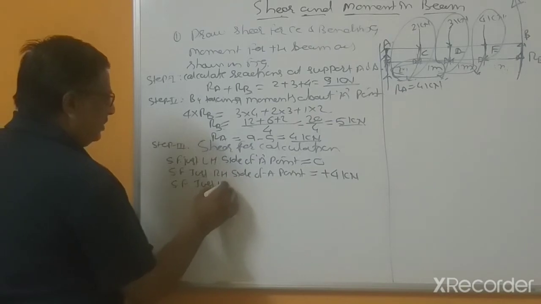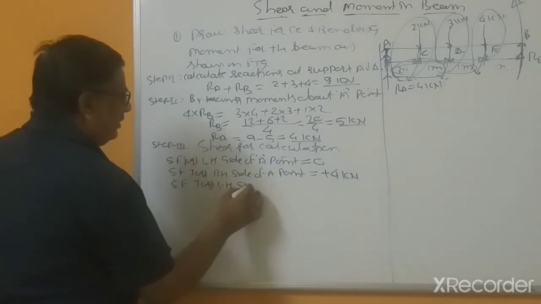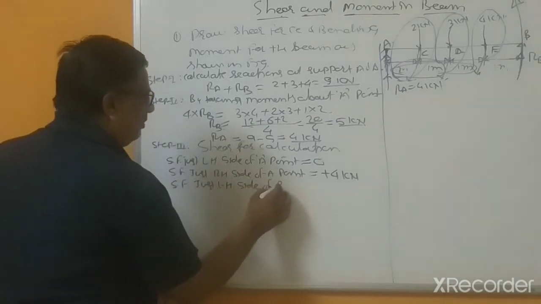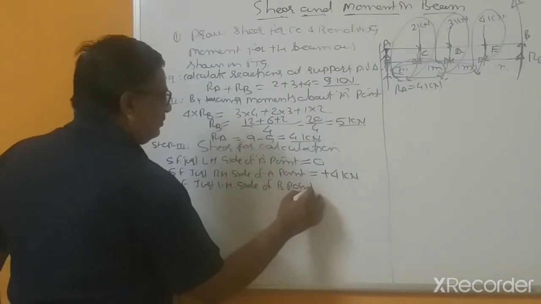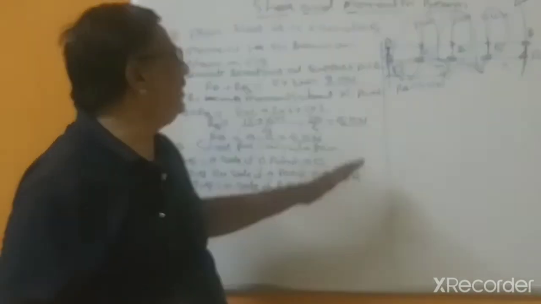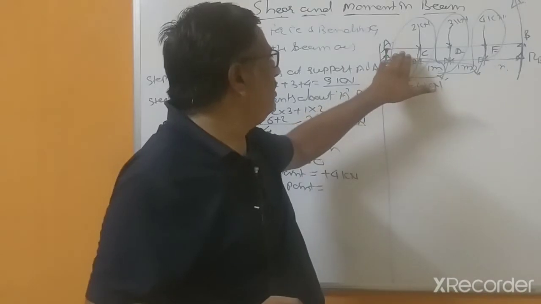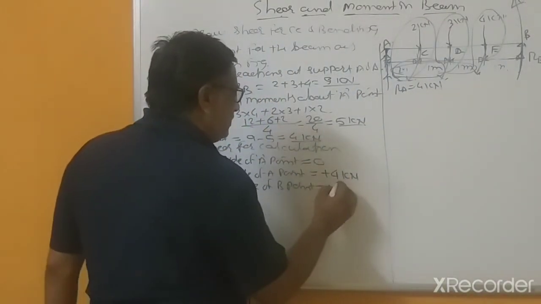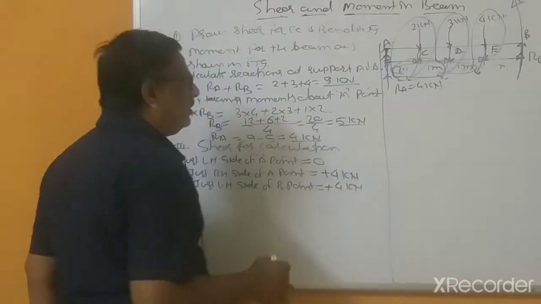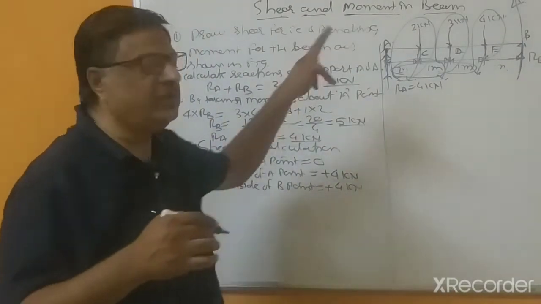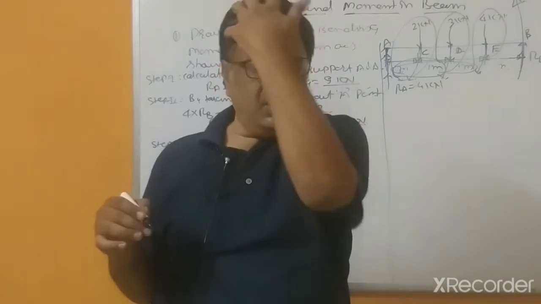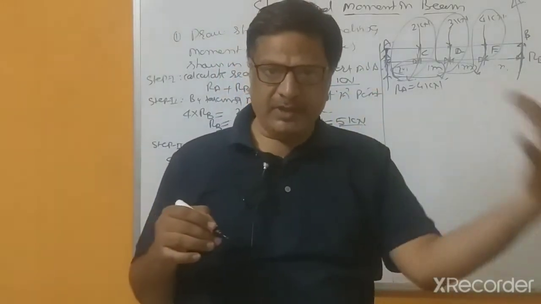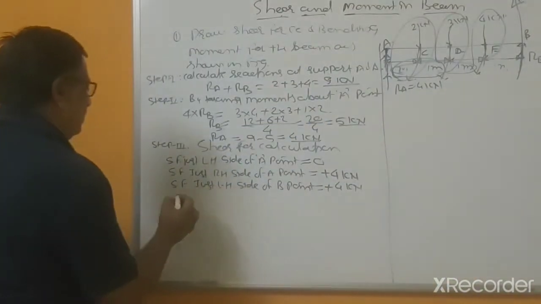just left hand side of B point. Now in between A and C there are no loads, so this remains the same, 4 kilonewton. Now the effect of the 2 kilonewton has to be considered in the calculation of the shear force at the right hand side.